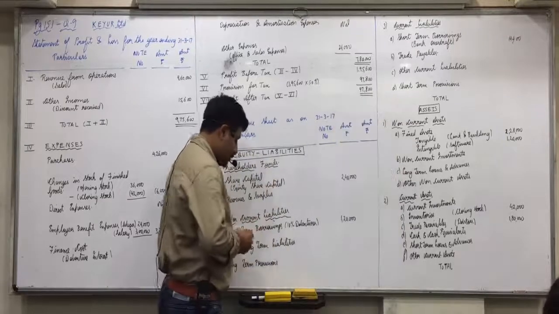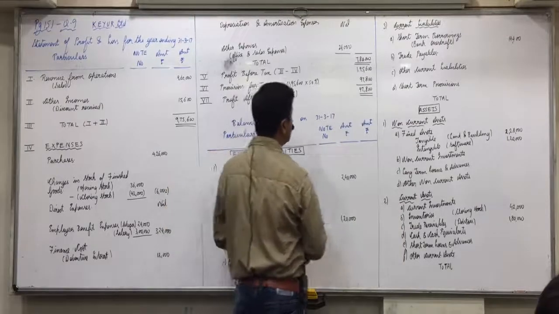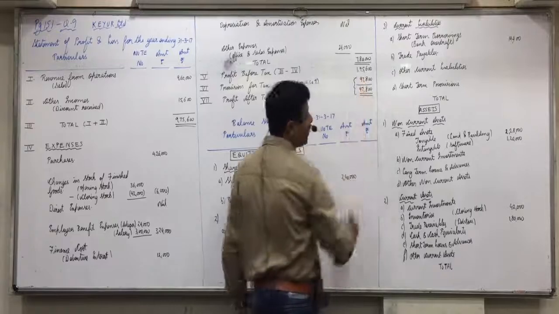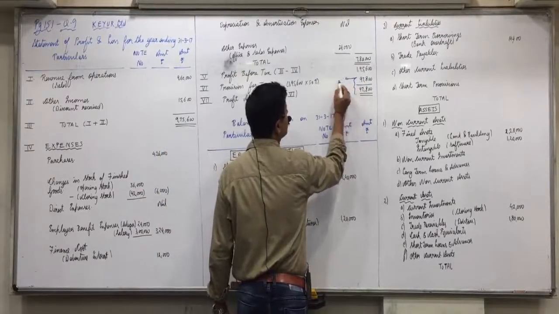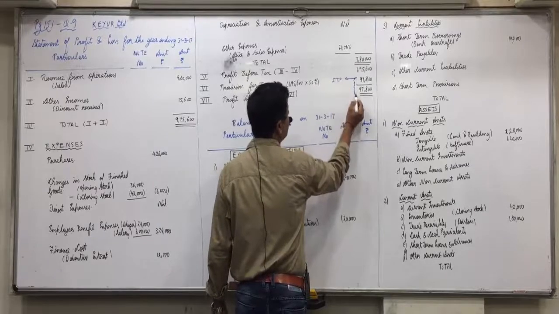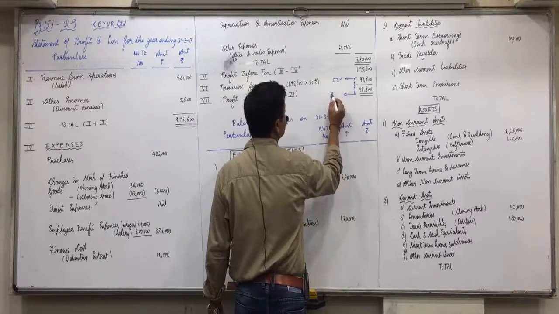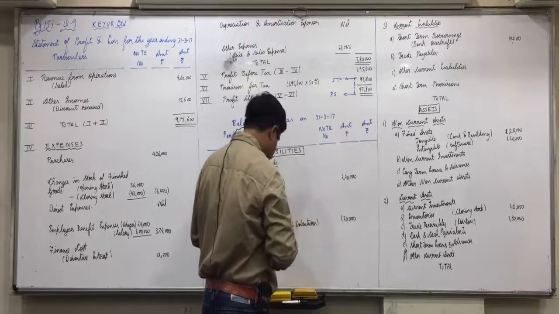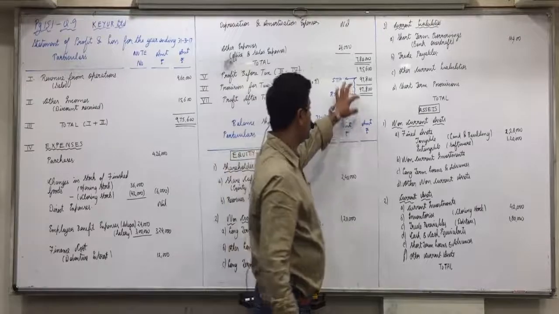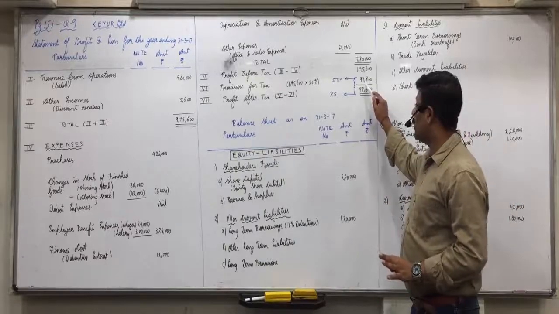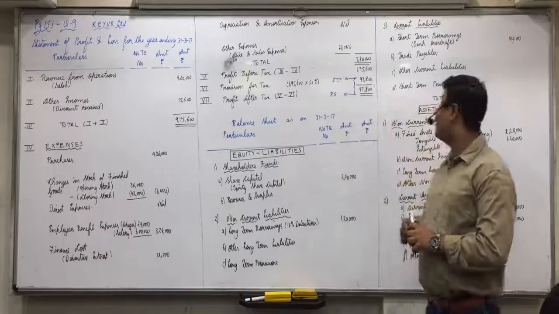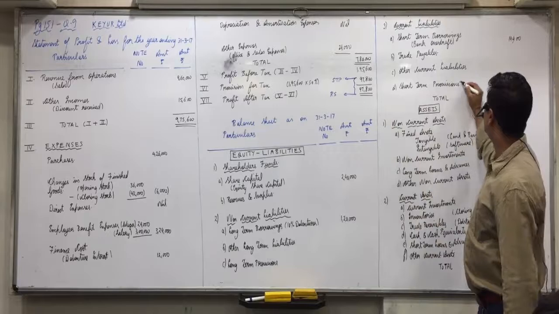Did you understand this? If you remember, yesterday itself I told you these two will have a second effect also. Where will you write provision for tax? Short term provisions. And where will you write this? Reserves and surplus. Okay, last two things will have a second effect also. So this provision for tax 97,800, write it in short term provisions.